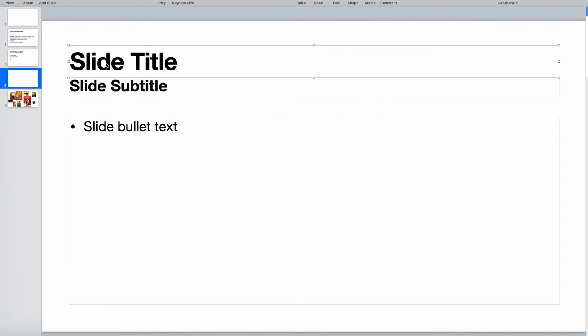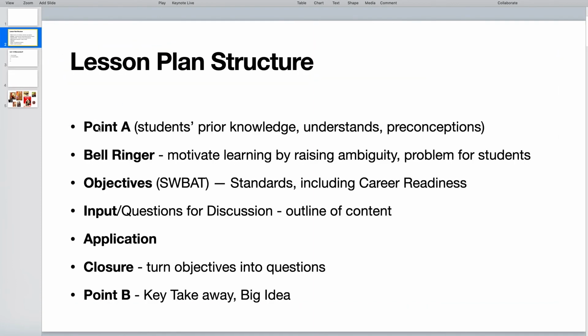And so in my input, we're back here, we've built on prior knowledge, we used our bell ringer, and I'm going to say my objectives are, so I would put my objectives there and have them out for students to see, and then you move right into the input.